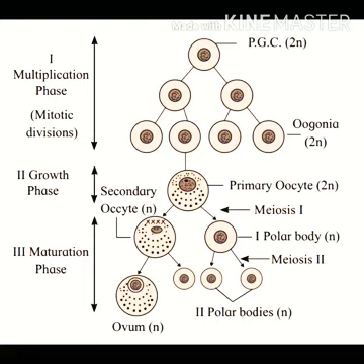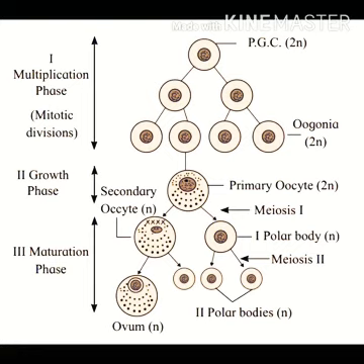Going one by one, each phase we are going to study, starting with the multiplication phase. In this stage, the primordial germ cells, that is PGCs, which are diploid in number, in the ovary undergo repeated mitotic division to form millions of gamete mother cells or oogonial cells.